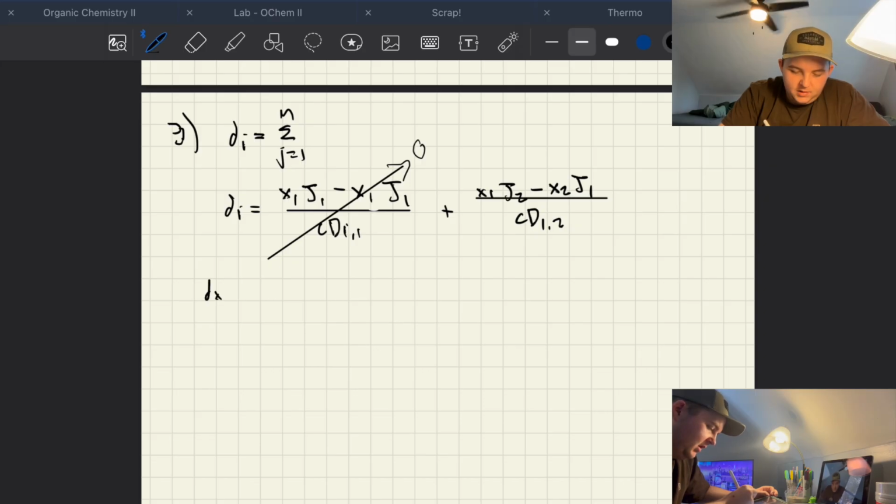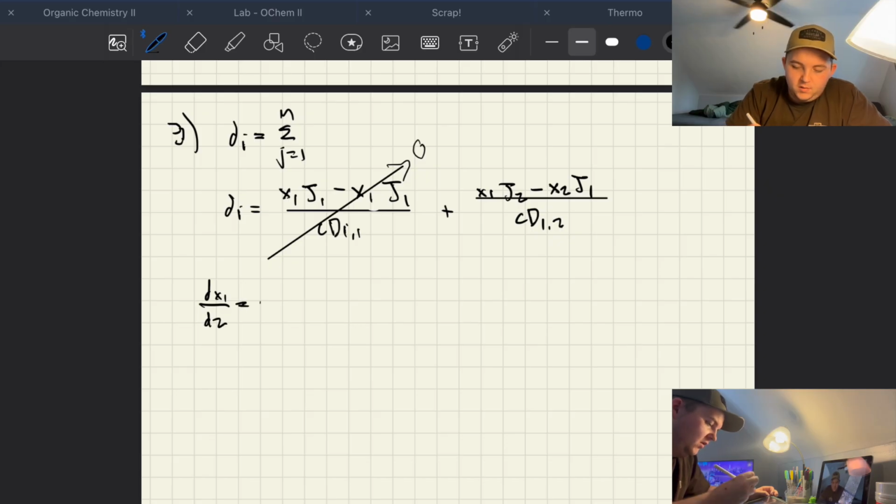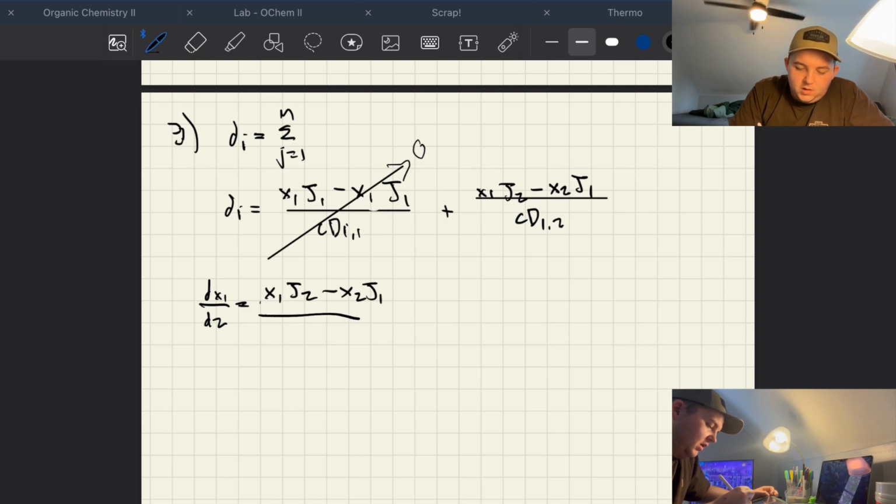So dx1 over dz is equal to x1 j2 minus x2 j1 over c d1 2.